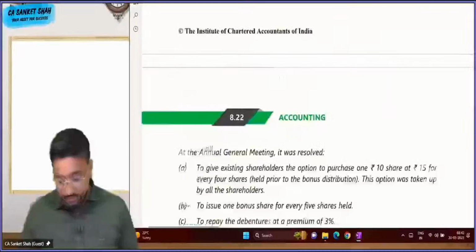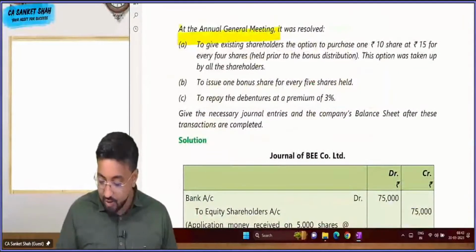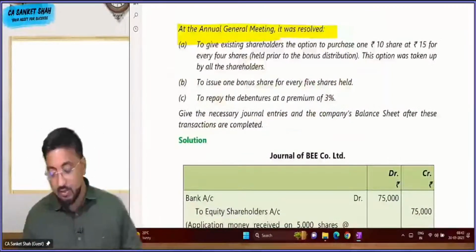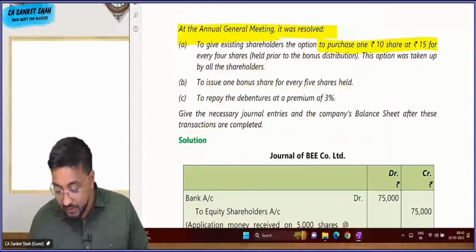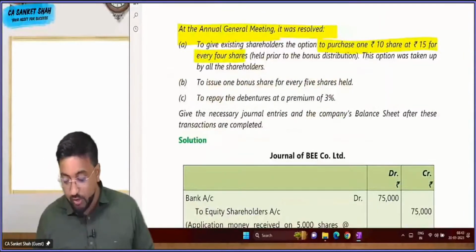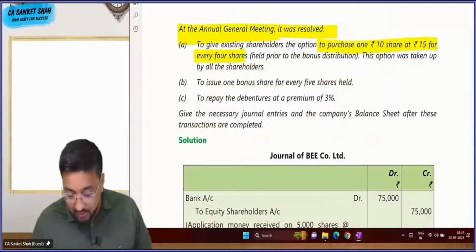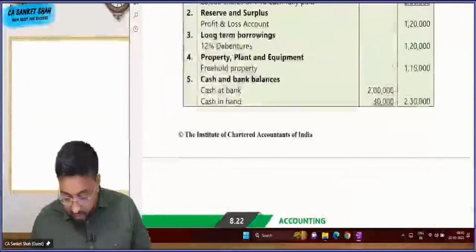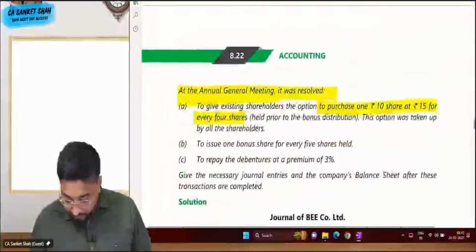Okay, authorized capital is given. In annual general meeting, it is assumed that it is resolved to give existing shareholders the option to purchase one share of rupees 10 at 15 for every 4 shares. Chalo, bataiye, how many equity shares are there? 20,000 equity shares.